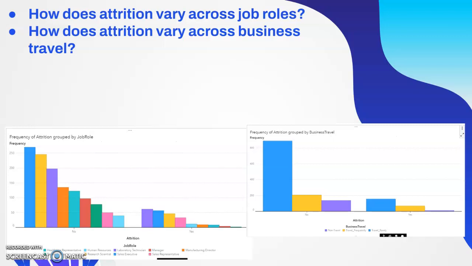You can see that it's ascending as it goes from right to left. The right graph is frequency of attrition grouped by business travel. This is measuring non-travel, travel frequently, and travel rarely in terms of how often they are traveling, and it also shows the frequency on the y-axis.